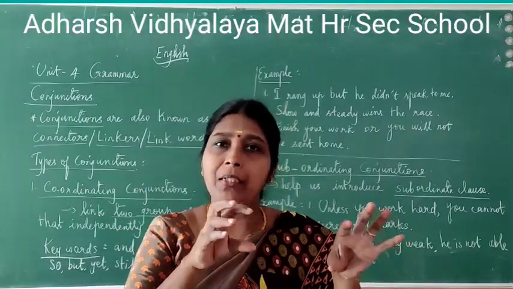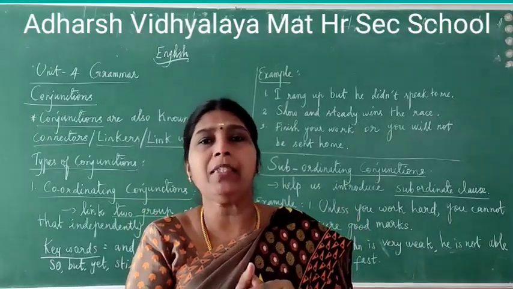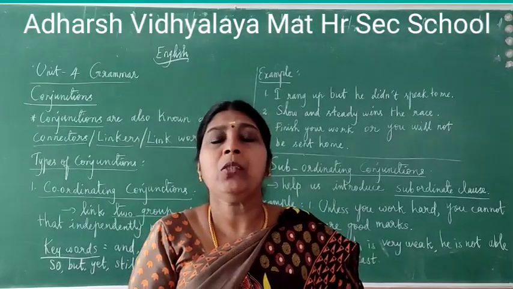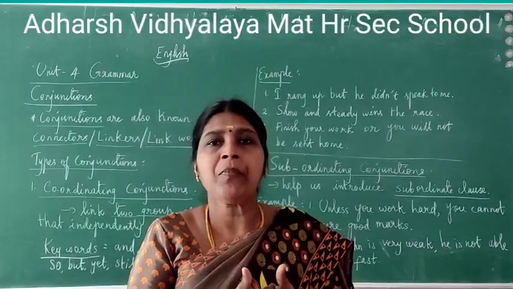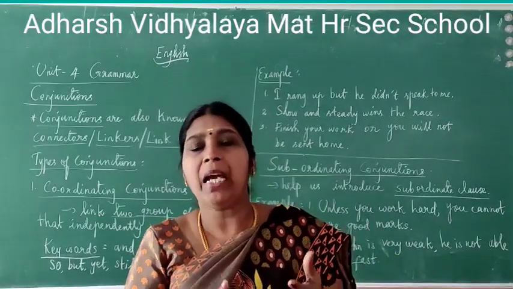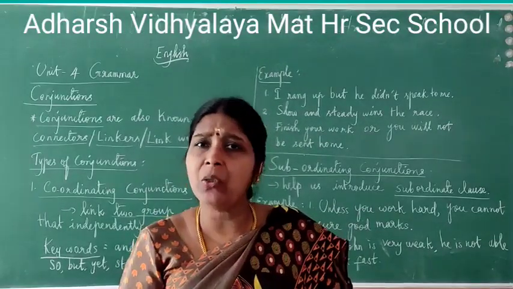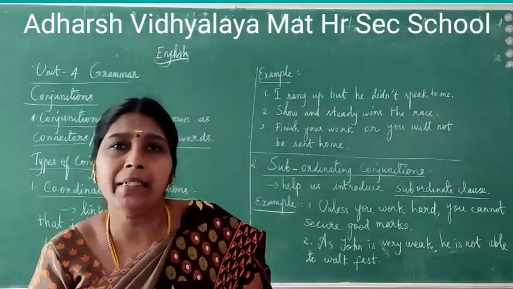Because when we are going to join two words or two sentences, we should know the types of conjunctions. According to the meaning of the sentences, we have to join them by using the following words I have already mentioned: and, but, or, unless, even though, although, when, as soon as. Now we are going to see in detail.